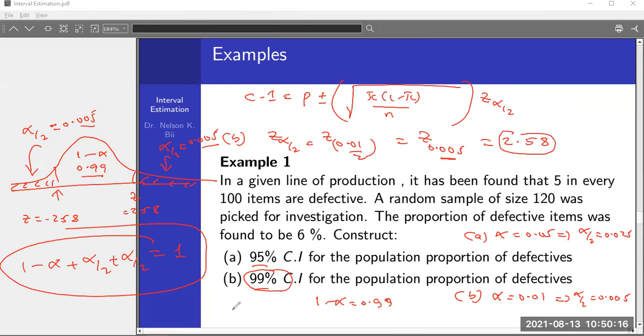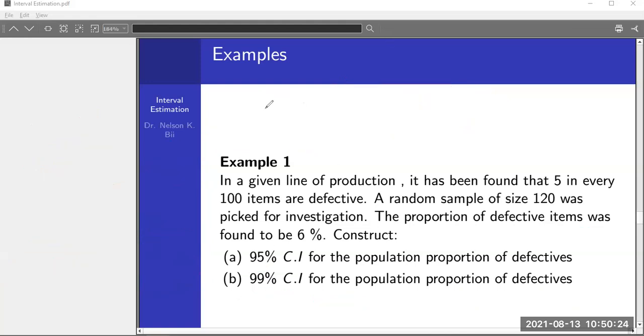So what do you get for B? Yes. So the confidence interval is given by 0.06 plus or minus the square root of 0.05 times 0.95 by 120. Okay.